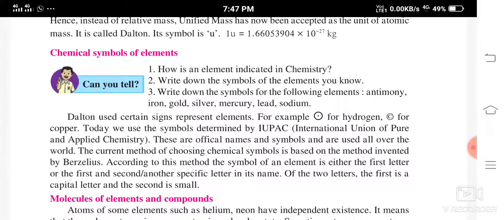Now see, how is an element indicated in chemistry? You write some symbols, you denote it with some symbols, isn't it? And atomic number and atomic mass number also are indicated in those symbols. So this was taught to you in standard 9th.